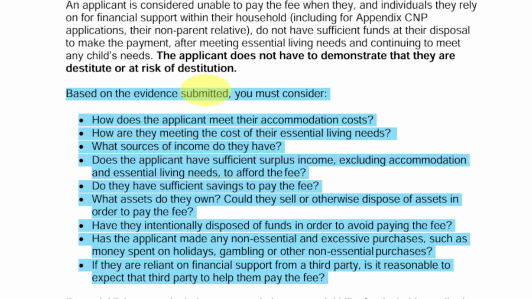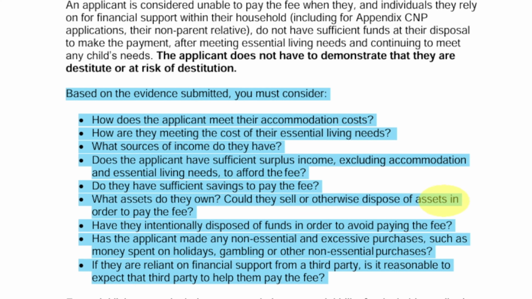Does the applicant have sufficient surplus income, excluding accommodation and essential living needs, to afford the fee? Do they have sufficient savings to pay the fees? What assets do they own? Could they sell or otherwise dispose of assets in order to pay the fees? Have they intentionally disposed of funds in order to avoid paying the fees?